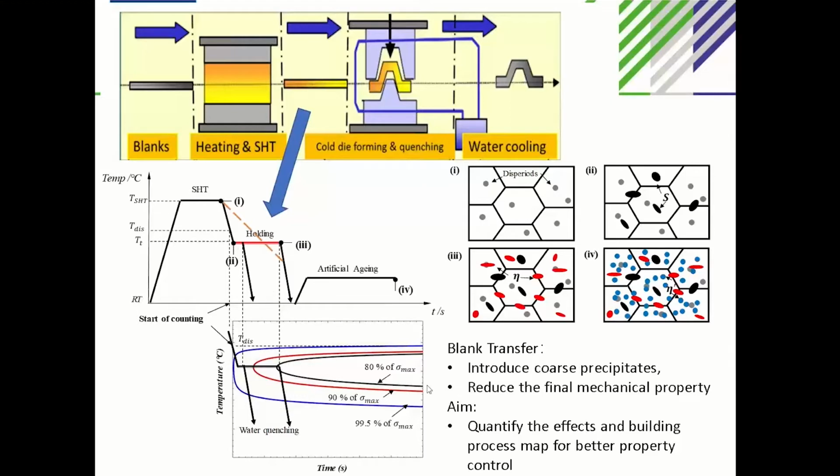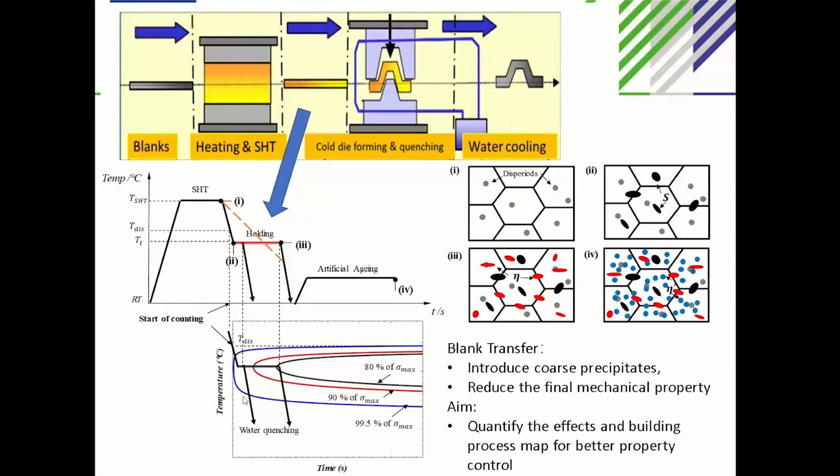For aluminium alloy, one of the essentials is to control the C curve of the part. If the material is held at a very high temperature for a specific time, the final mechanical properties after aging will be deteriorated.